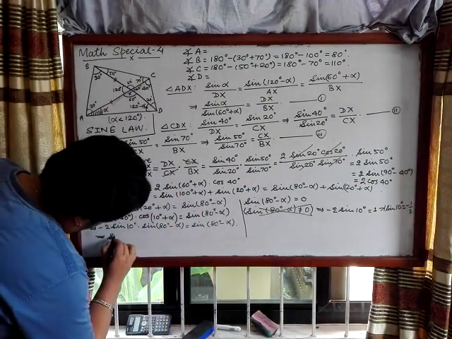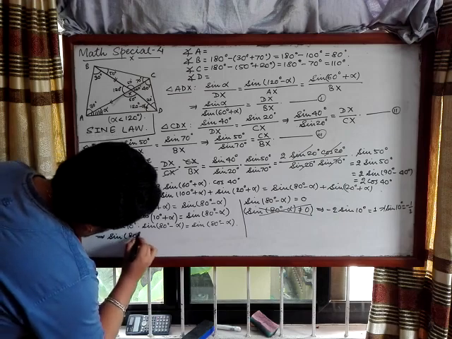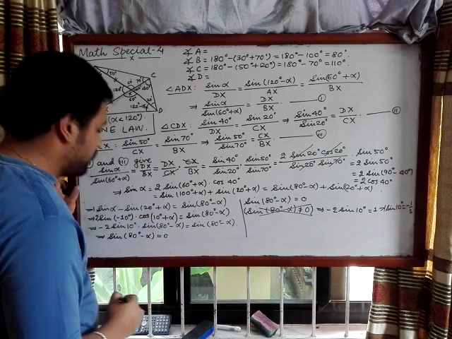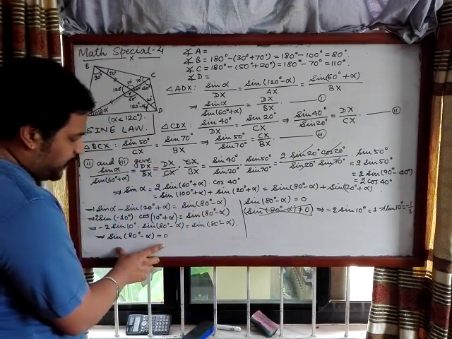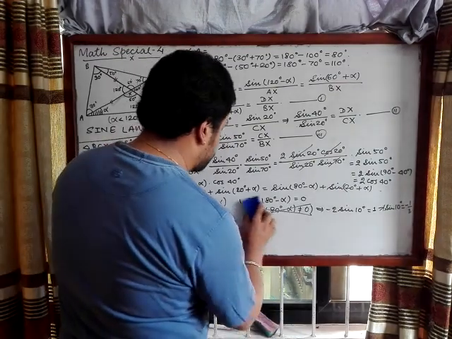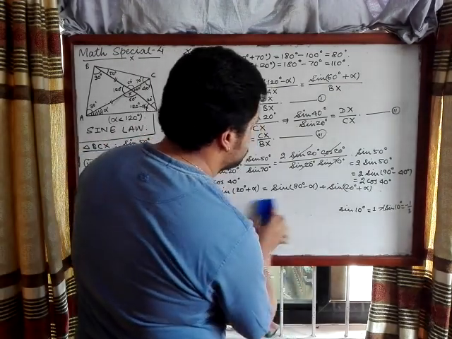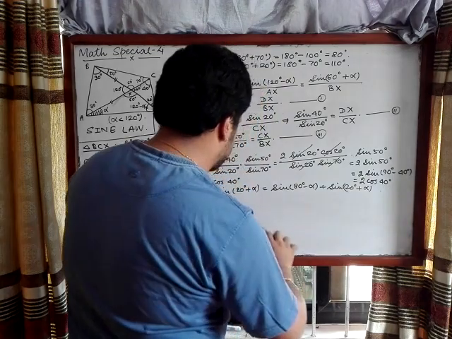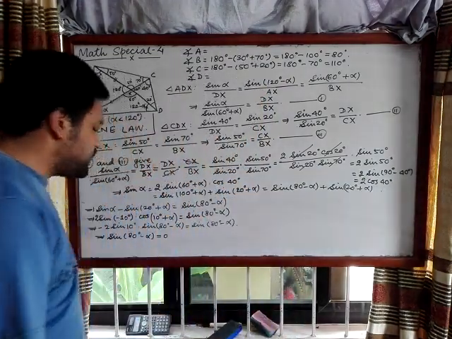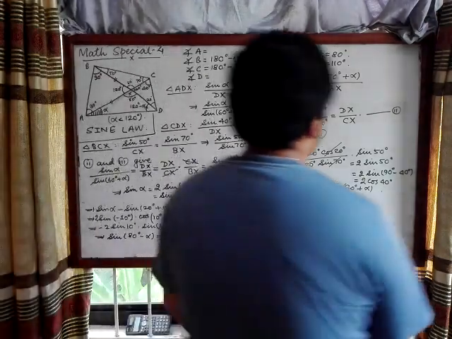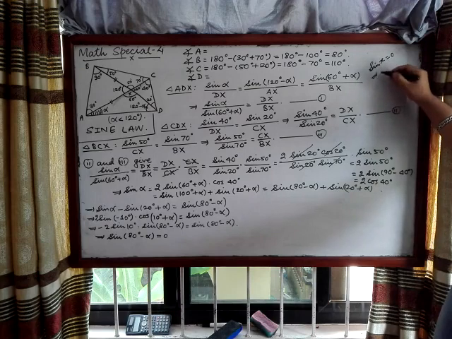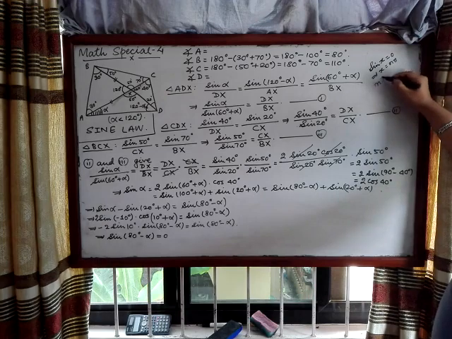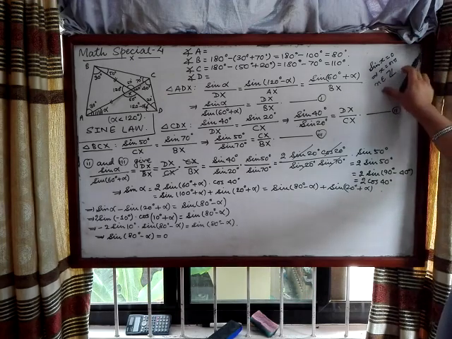So, sin(80 degrees minus alpha) is equal to 0. Now, solving this trigonometric equation is quite easy. We know that the solution of sin x equal to 0 is x equal to n pi, where n is an integer.